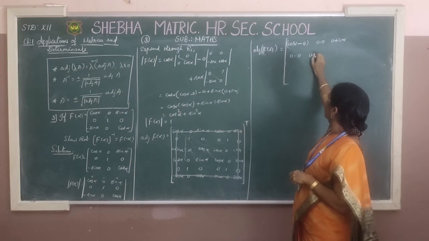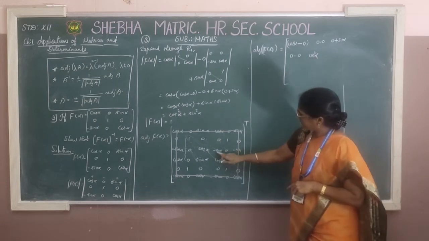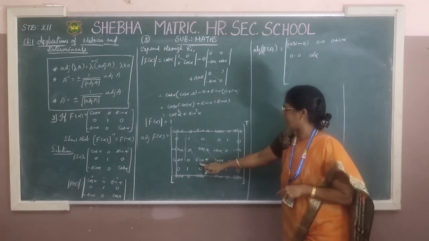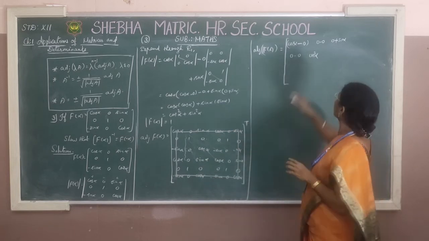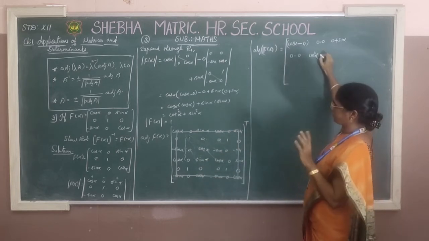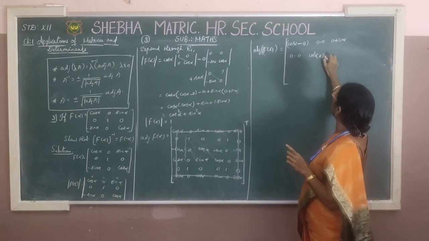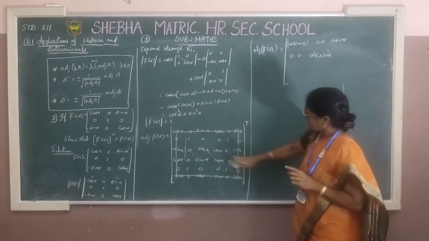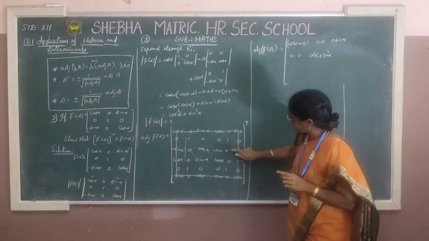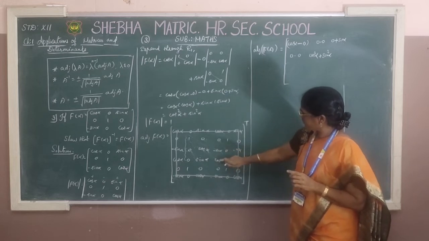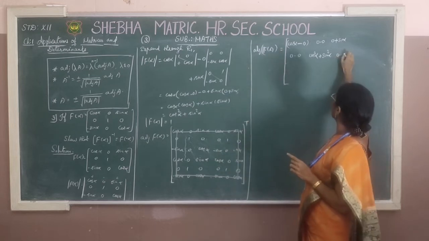What do you get? Cos square alpha and minus sin alpha into sin alpha. You get minus sin square. Already in the formula we are having one minus, so it will become plus sin square alpha. And then consider next 4, these 4, multiply these two, 0 into 0, isn't it? 0 minus 0 we put.